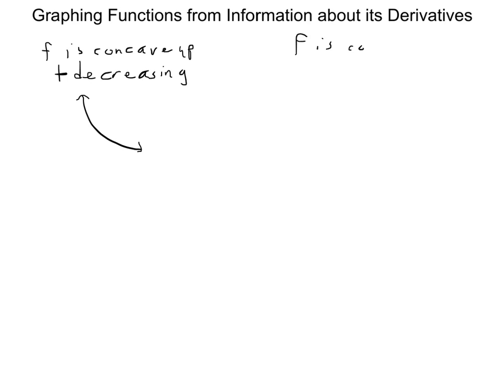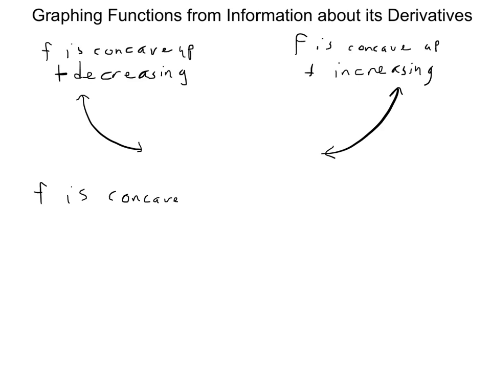If f is concave up and increasing, it just means you have the other part of the smiley face, right? And the last two hopefully are clear. If f is concave down, and I'm actually going to go with increasing this time.